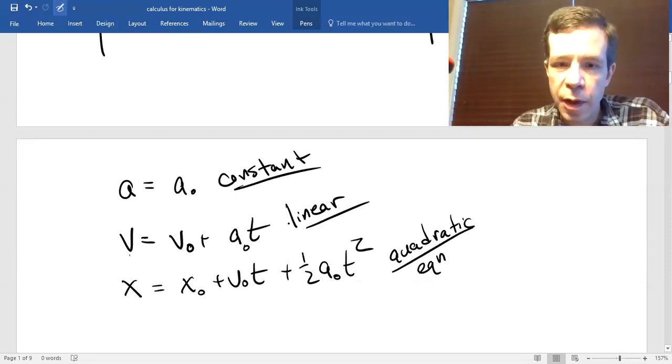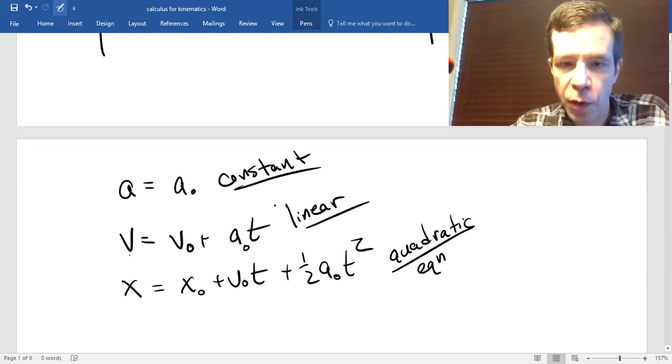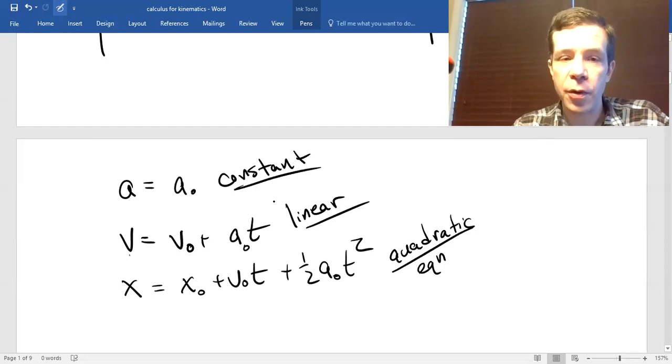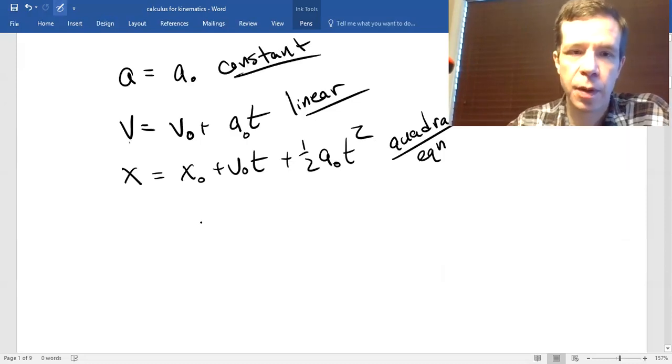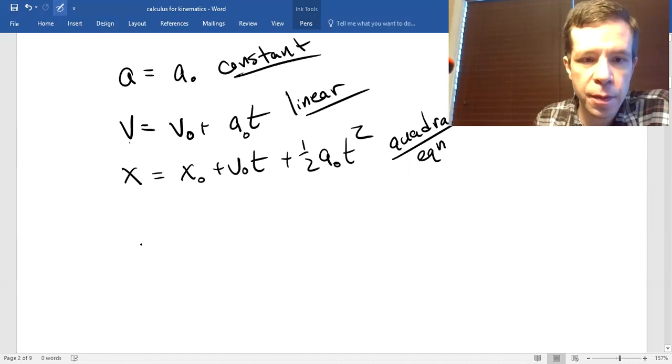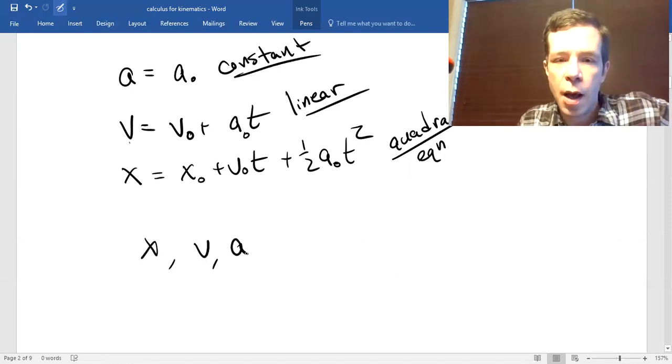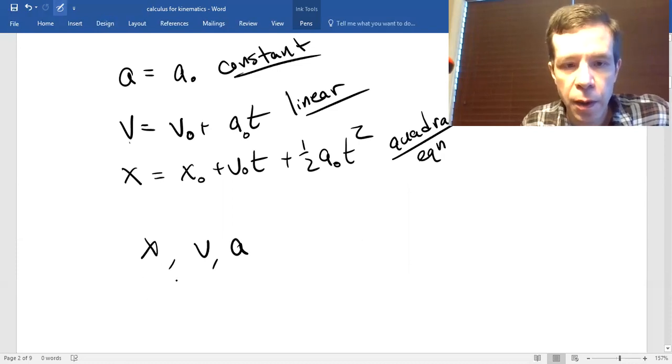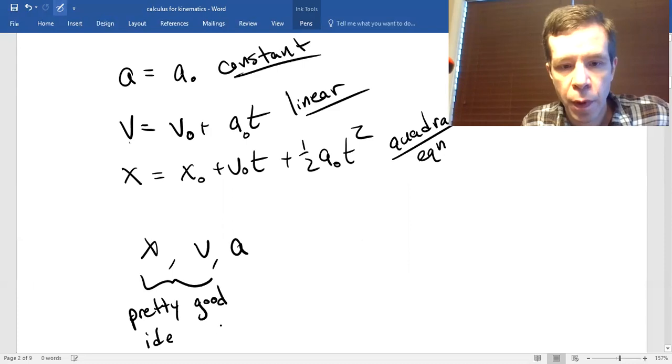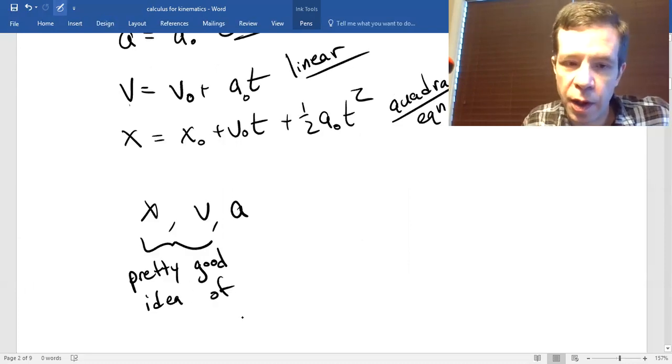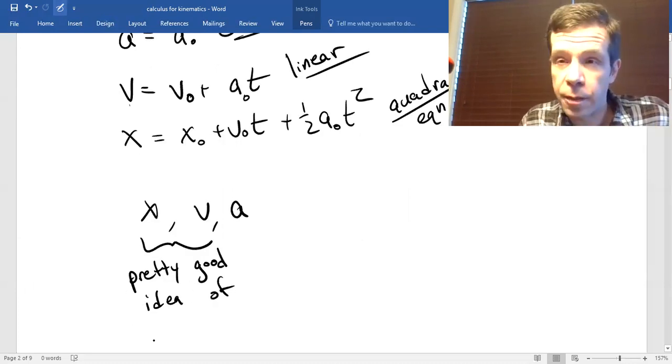All right, maybe this is beating a dead horse since we've talked about some of this in the previous video, but this is an important concept to understand the relationships of position, velocity, and acceleration. Most people in day-to-day life have a pretty good idea of what position and velocity are.